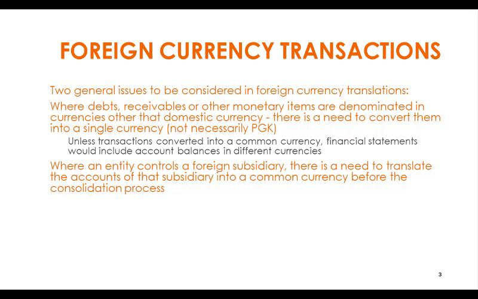Which means if there is a subsidiary operating here in Papua New Guinea and the parent company is situated in Australia, before the subsidiary's financial statements are consolidated to the parent company in Australia, they have to be translated first to the common currency. In this case, because the consolidation will happen under Australian dollars, that is the currency used when they consolidate the report.